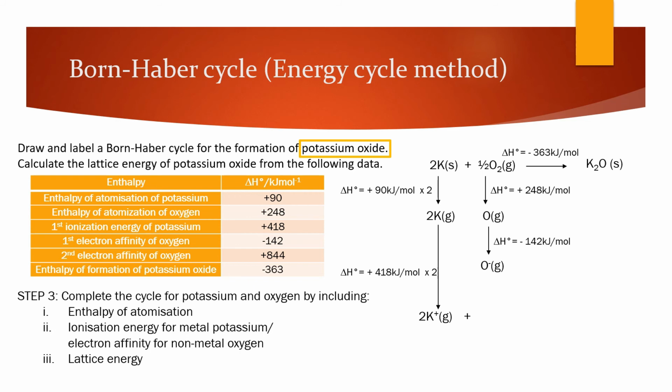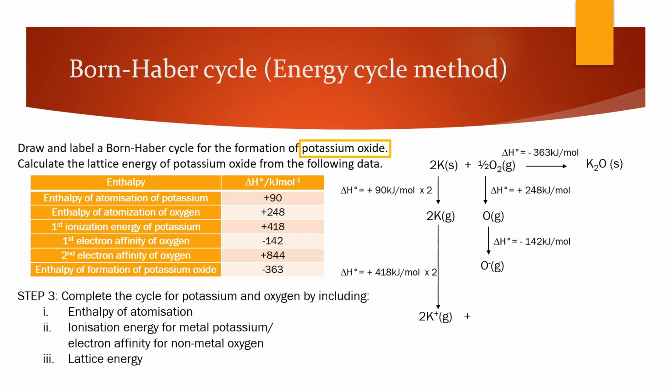So first, the gaseous oxygen atom need to accept 1 mole of electron to become O minus gaseous ion first. This is first electron affinity. Again, this one is multiplied by 1 because first electron affinity is defined as heat change when 1 mole of electron is received by 1 mole of gaseous atom to form 1 mole of -1 ion.